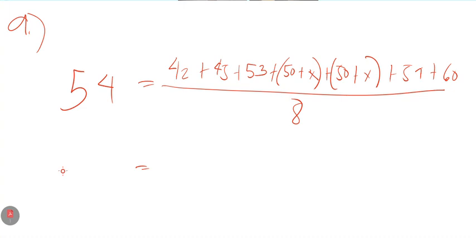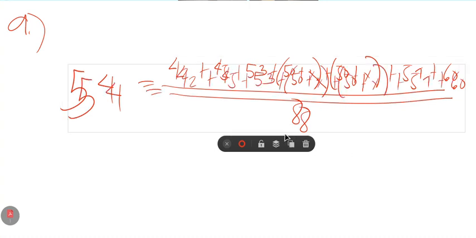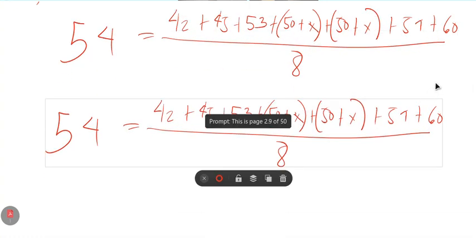Let me copy that one; it's going to be quite long to shortcut. We're going to multiply both sides by 8.